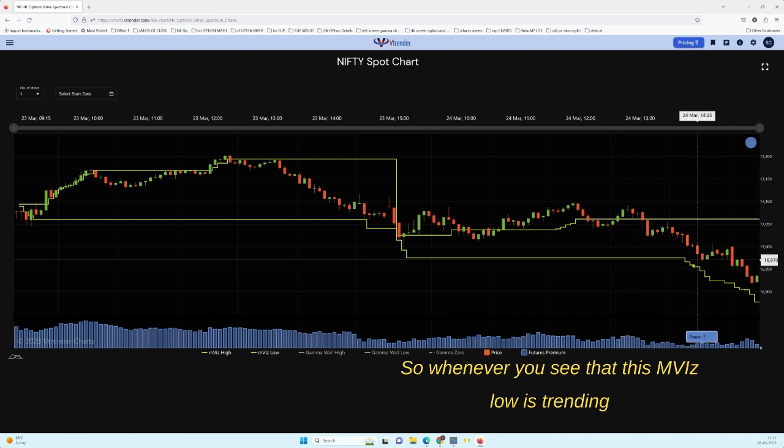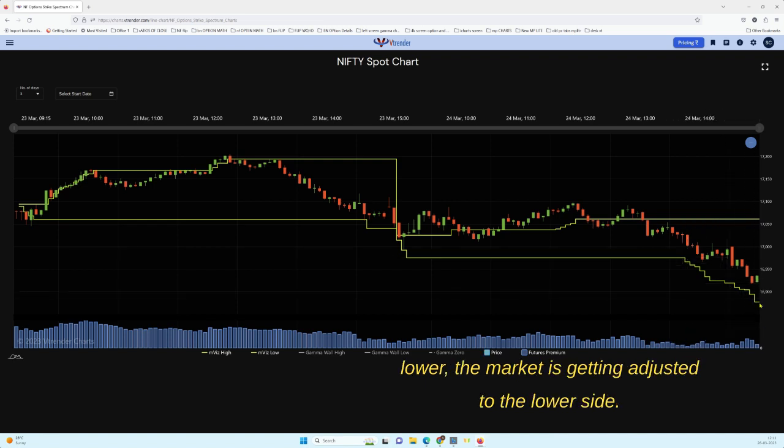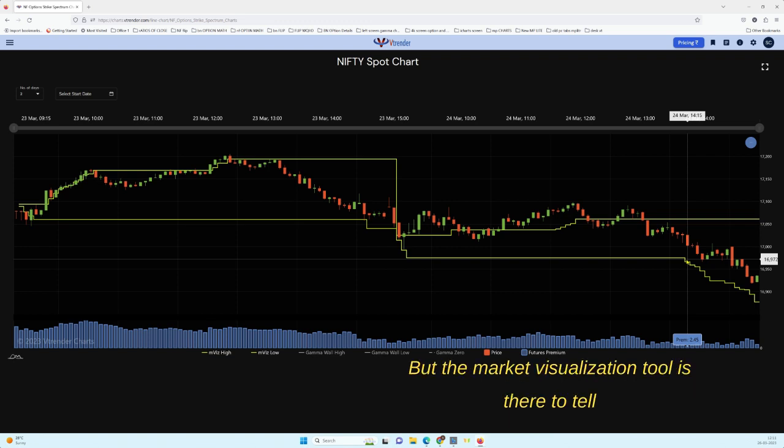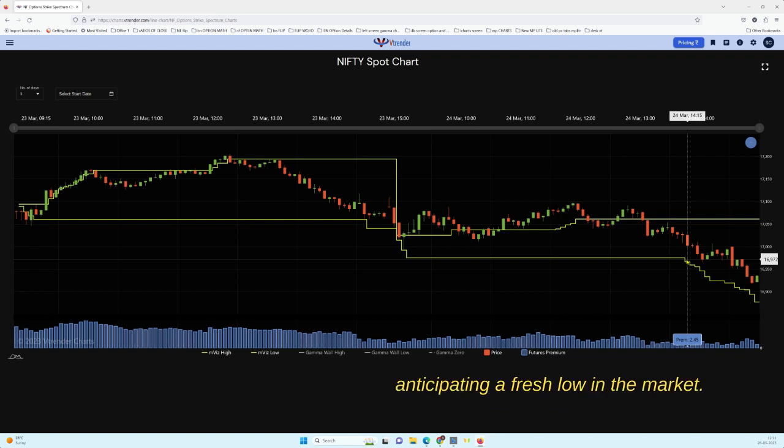Whenever you see that this MWIS low is trending lower, the market is getting adjusted to the lower side. I'm not saying that the price is going to move lower over here. Eventually, price follows the positions of traders in the market, but the market visualization tool is there to tell you that traders have adjusted their positions in the market and are anticipating a downslide, anticipating a fresh low in the market.